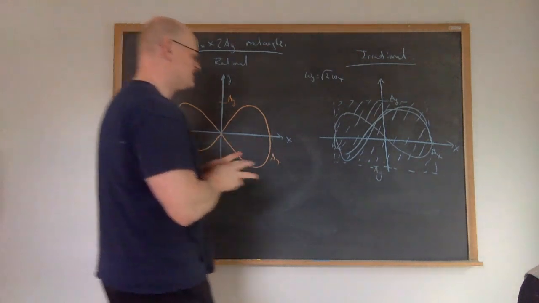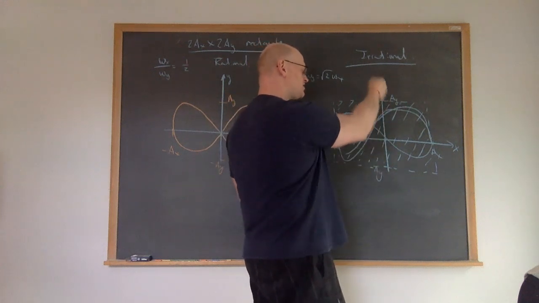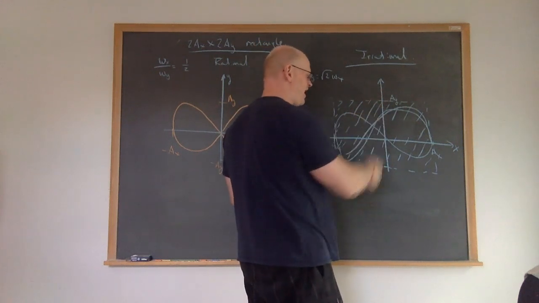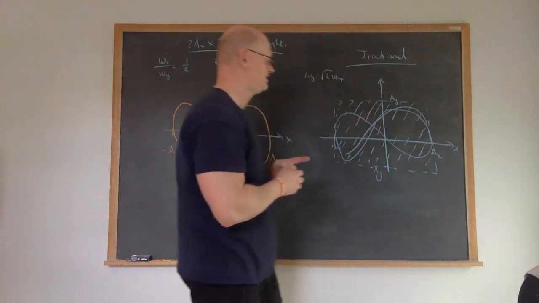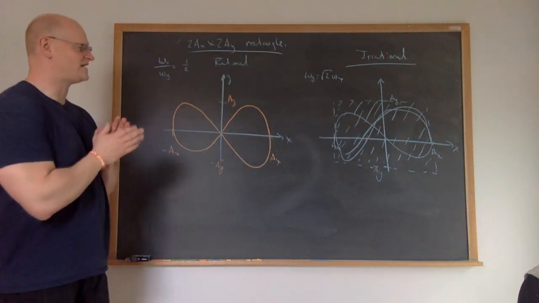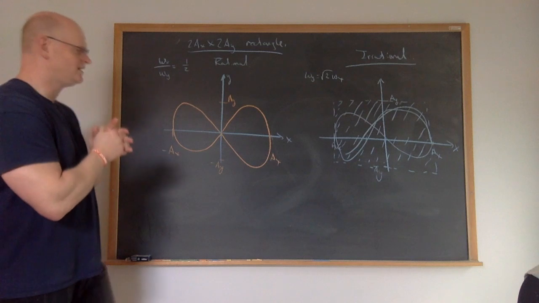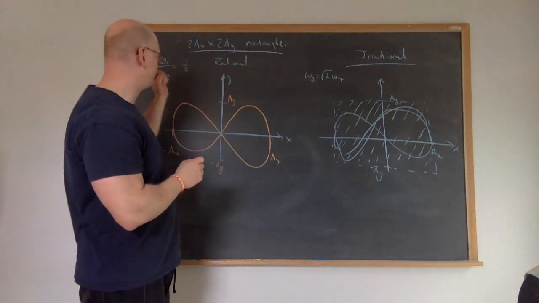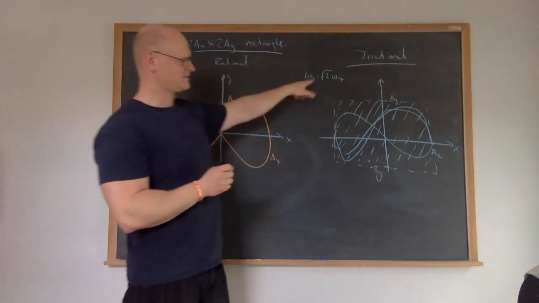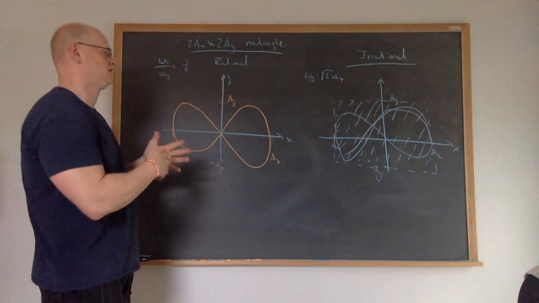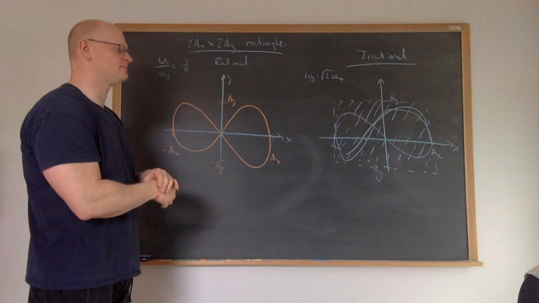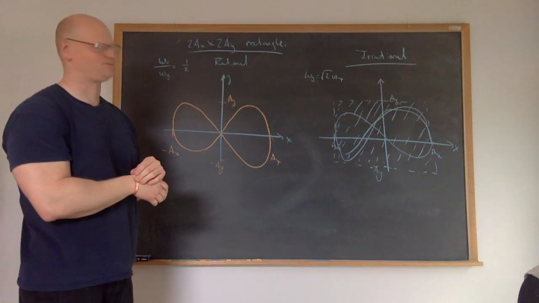If I'm looking only in the x direction, this is rhythmically oscillating with exactly the same pattern, but the incompatibility between the angular frequencies will cause this thing to never repeat the same path twice.